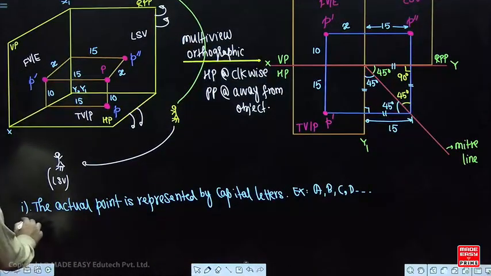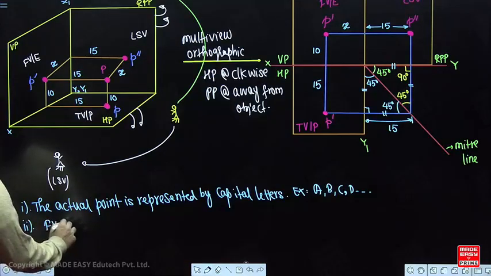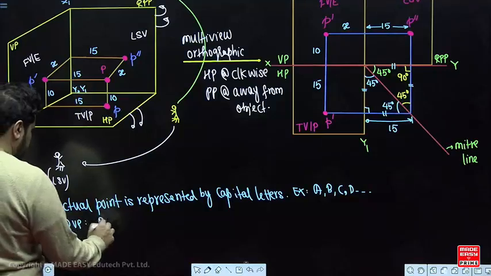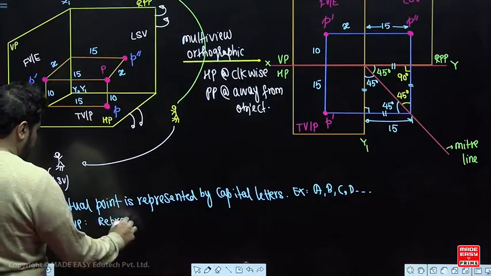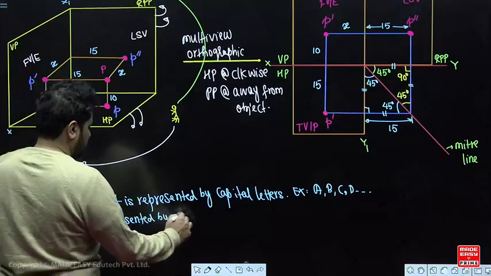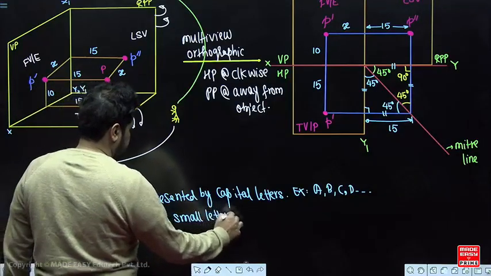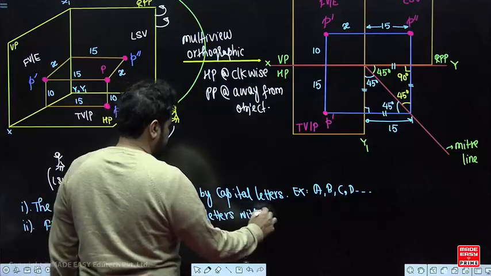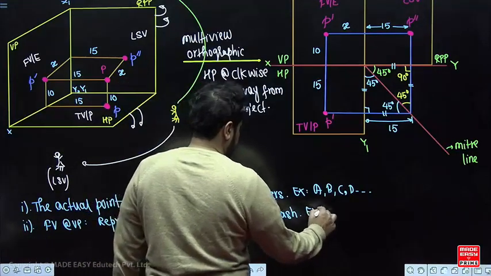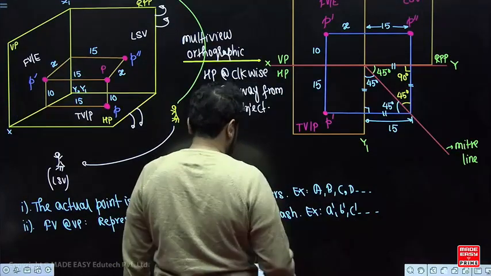Second, front view at VP represented by small letters with a dash. Example A dash, B dash, C dash इत्यादि.